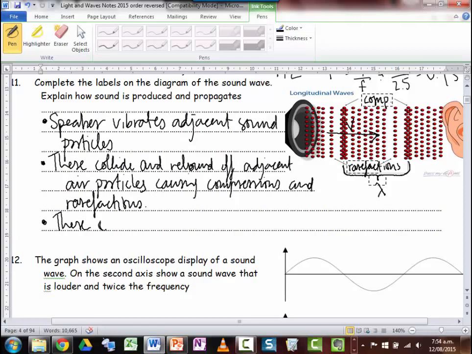These compressions and rarefactions travel through the air to the ear.